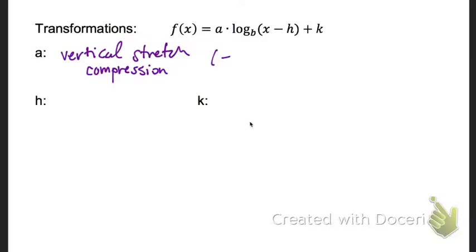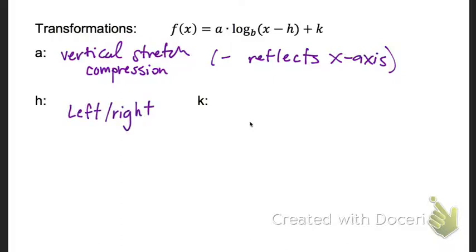If it is negative, then we say that it reflects the what? Good. The h tells me what? Left or right. This also, h is going to be my vertical asymptote.